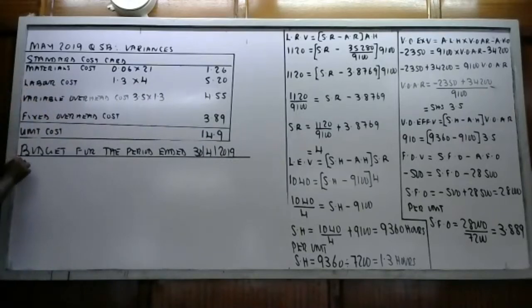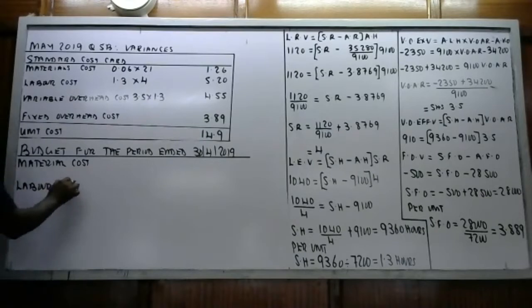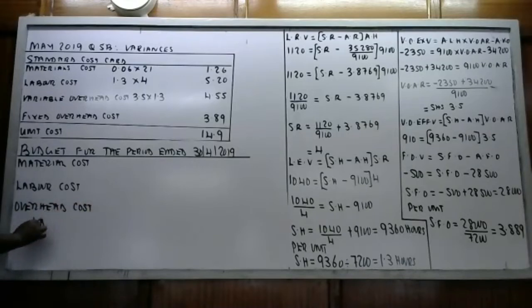So again, you will have material costs. Then you have labor costs. Then for the overhead costs, we have the variable, we have the fixed, and then total.